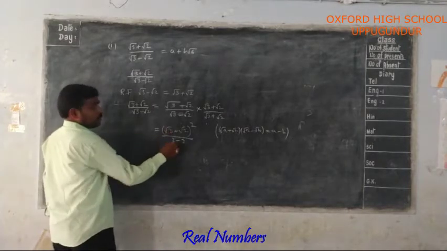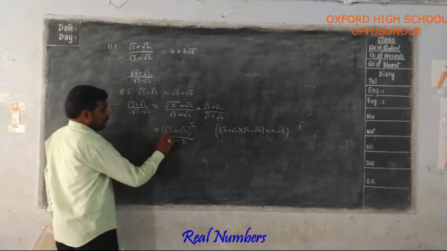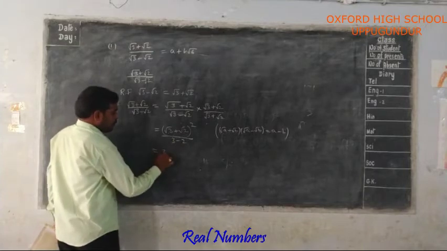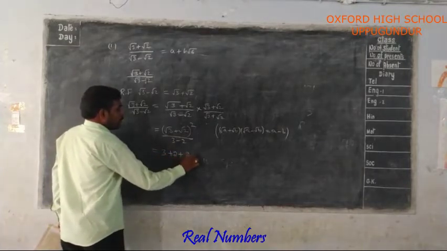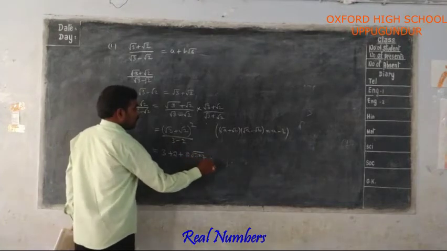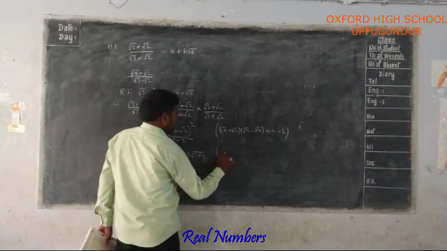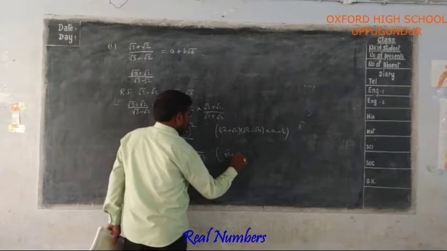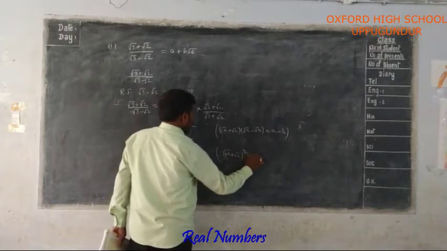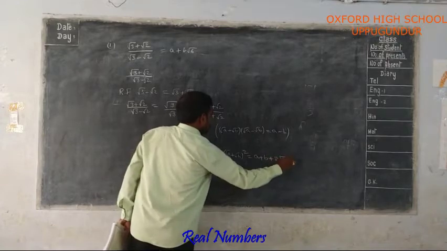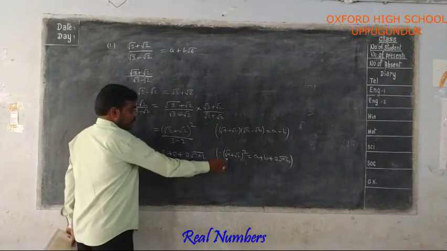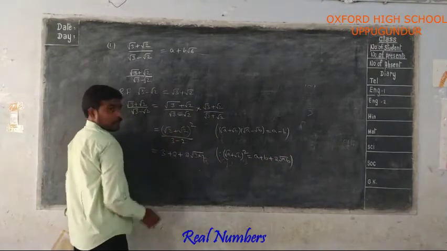Now the numerator is in the form of root a plus root b whole square. What is the identity we are using here? Root a plus root b whole square equals a plus b plus 2 root ab. So using this identity, we are expanding this one.